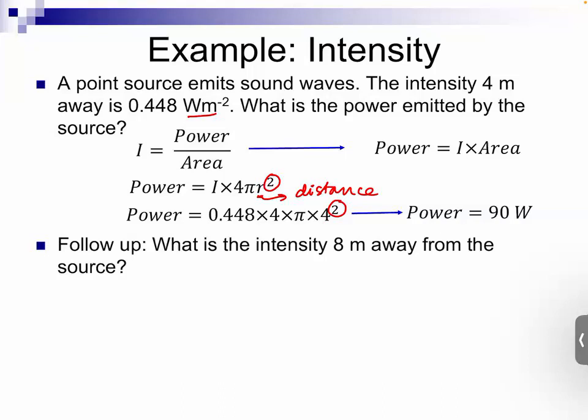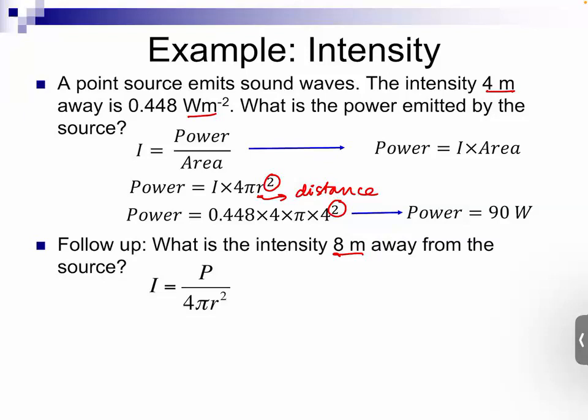Right, so what if you moved 8 meters away from the source? So 8 meters, that's double the original distance. What will be the intensity, or how loud the sound will be, if the distance is doubled? Again, intensity can be found from the power divided by the area.